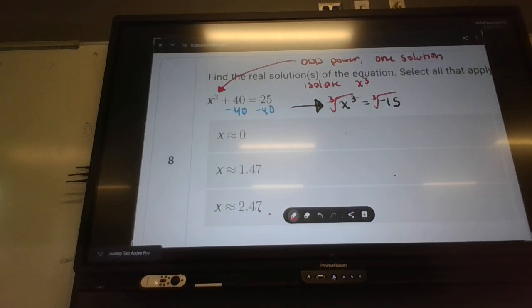Cancel, cancel. And x is approximately the third root of negative 15. So everybody try it in your calculator. How are you doing with your roots? Don't square root it, cube root it. And because I'm rounding a decimal, I switched from a straight equal sign to a squiggle. Negative 2.47.